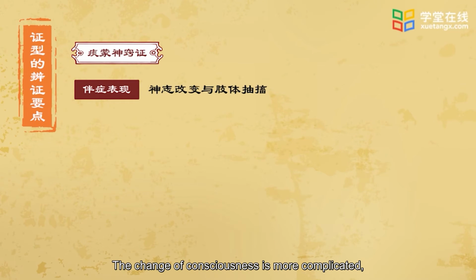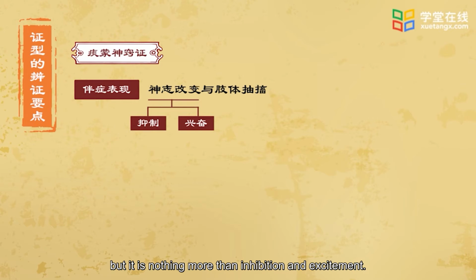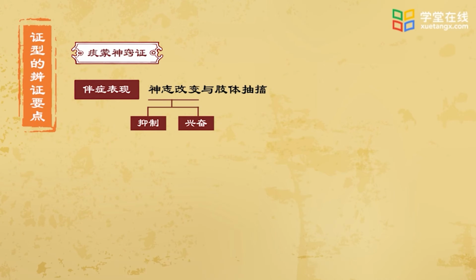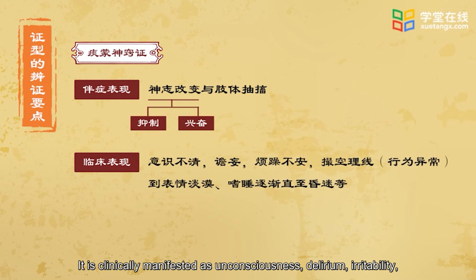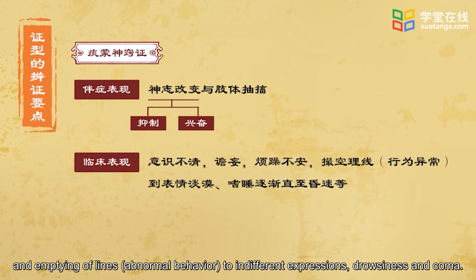The change of consciousness is more complicated, but it is nothing more than inhibition and excitement. It is clinically manifested as unconsciousness, delirium, irritability, abnormal behavior, indifferent expression, drowsiness, and coma.